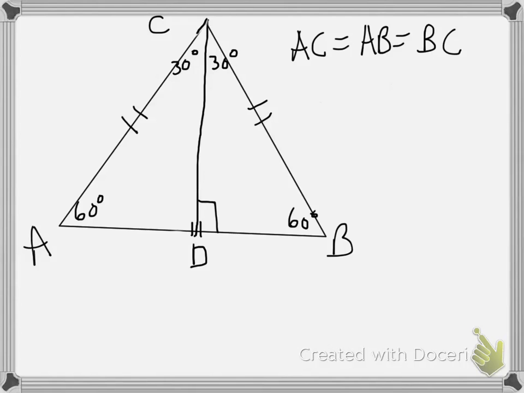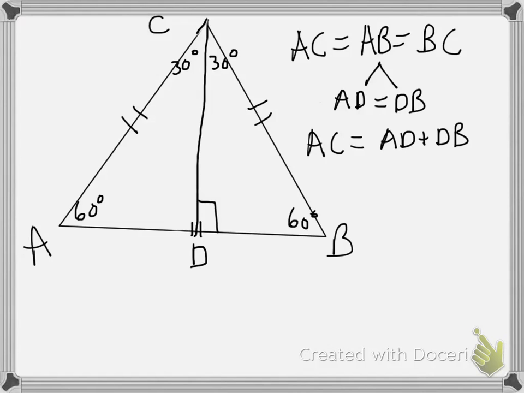We also know that we took AB and we split it in half. AD equals DB. So this must mean that AC equals AD plus DB.